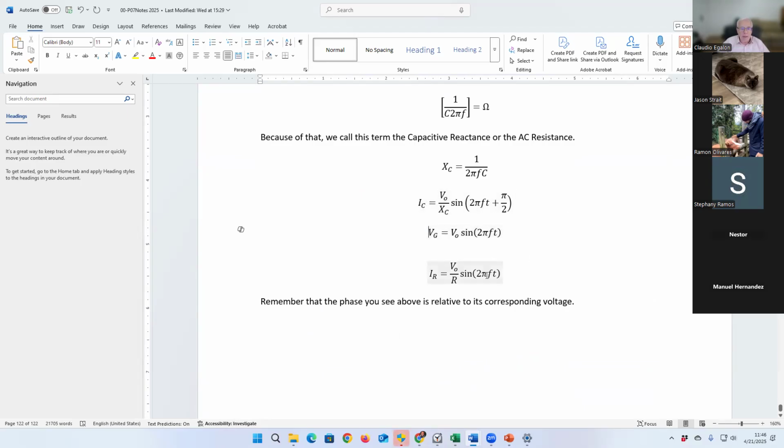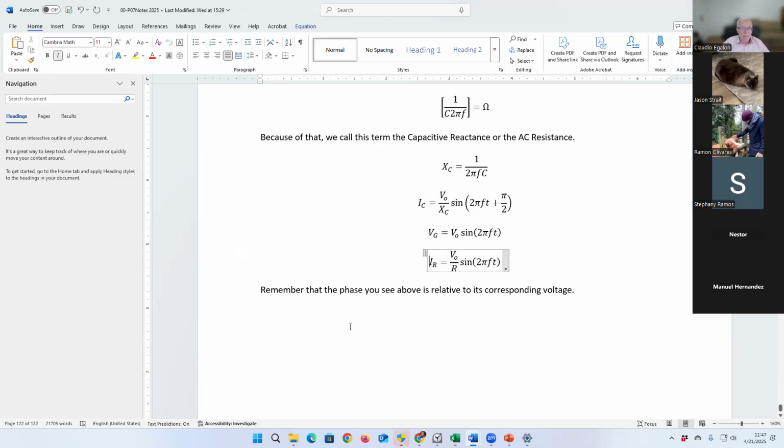This one leads the voltage. This one is in phase with the voltage. The phase term you see above is relative to its corresponding voltage. And now we have the third example. I think we should go for a break, right?